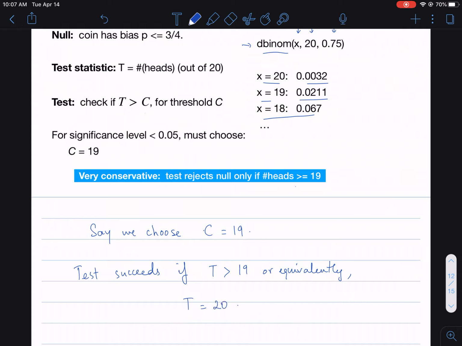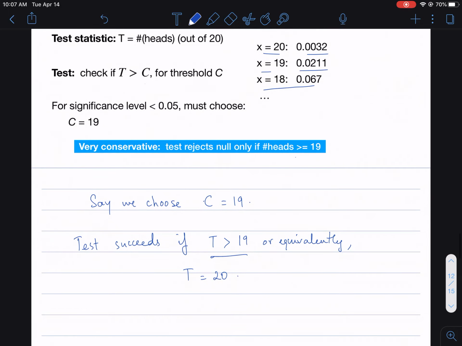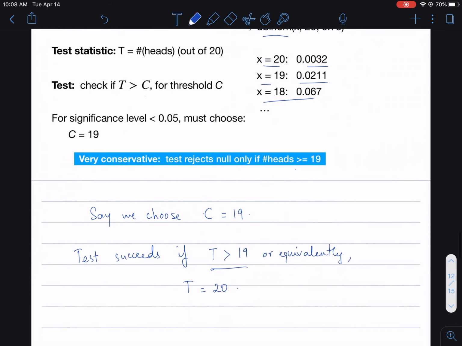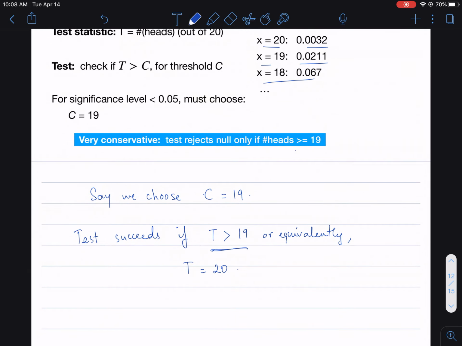Because there's only one possible value of t that is more than 19. T lies between 0 and 20. Therefore, there's only one value more than 19, which is t equals 20.